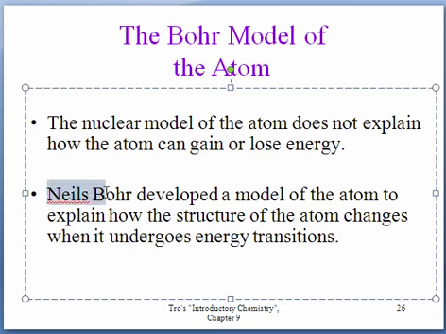A scientist named Niels Bohr, a Danish scientist who eventually won the Nobel Prize for his work, developed a model of the atom to explain how the structure of the atom changes when it undergoes these energy transitions, the absorption and the emission of this electromagnetic radiation.